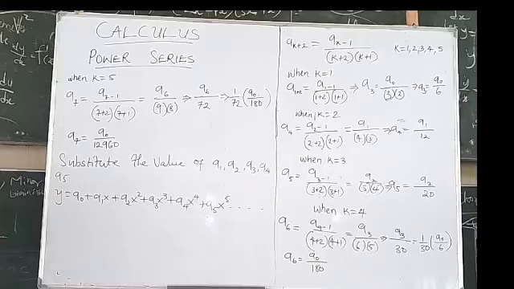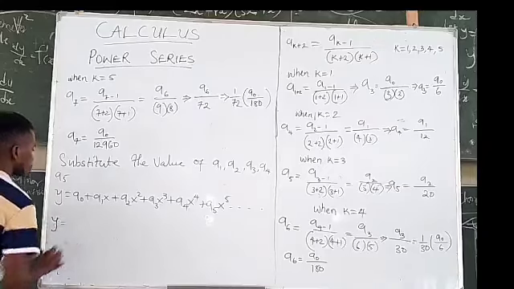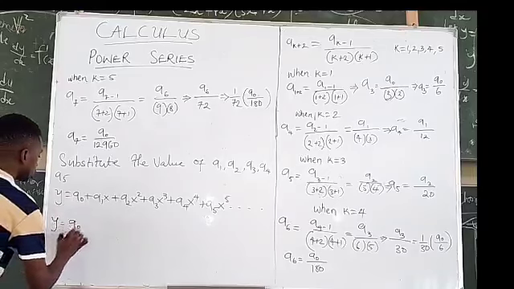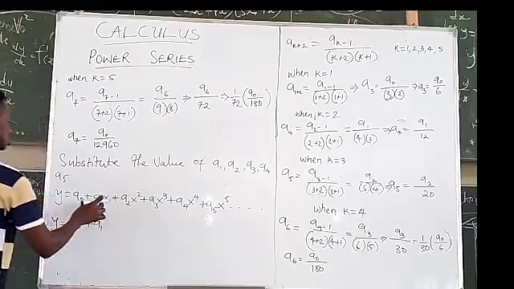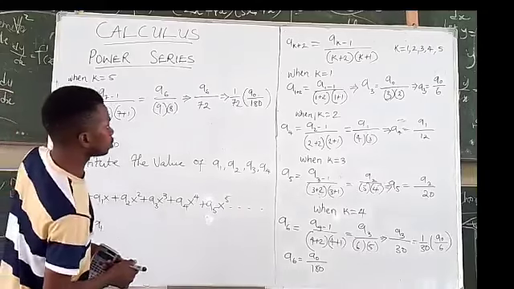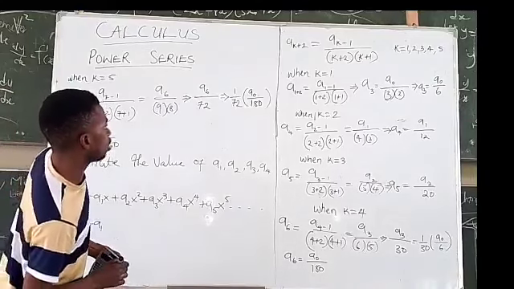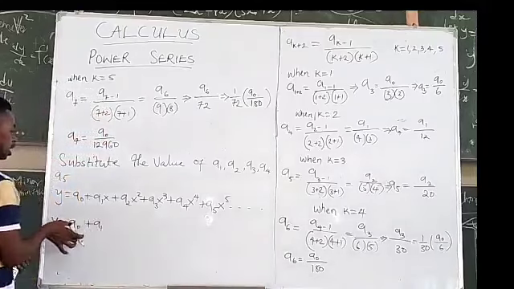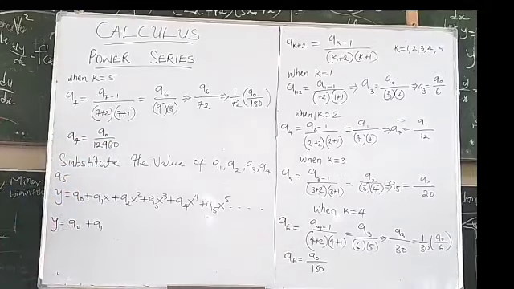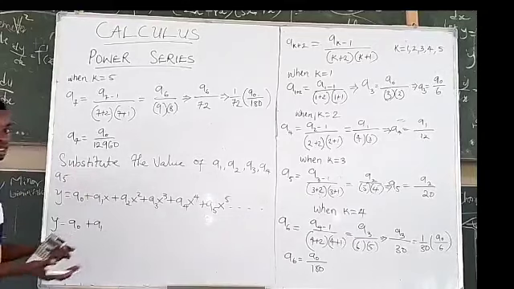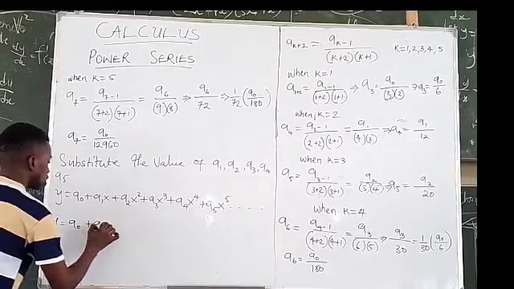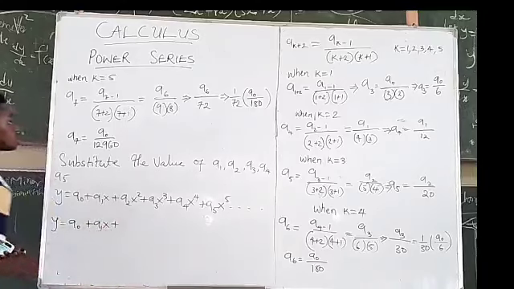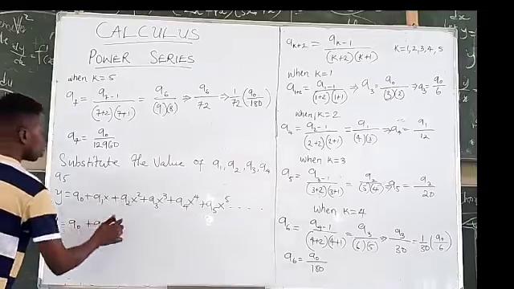Then substituting, we get A naught plus A1. Okay, A1 and A naught are arbitrary, so they are like constants in power series. So this is A1x plus A2.